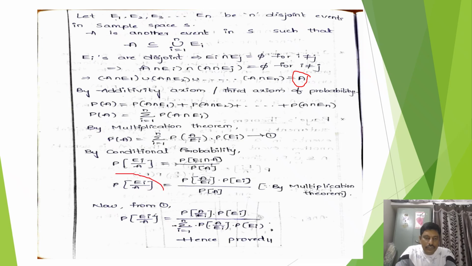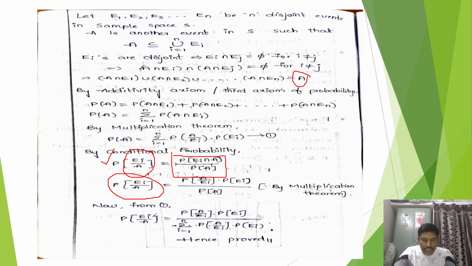So previously you need to know the conditional probability statement. In the Bayes theorem, what is the LHS part? P of Ei given A. So according to the conditional probability, which I think all of you know, P of Ei given A is equal to P of Ei intersection A by P of A. Clear?